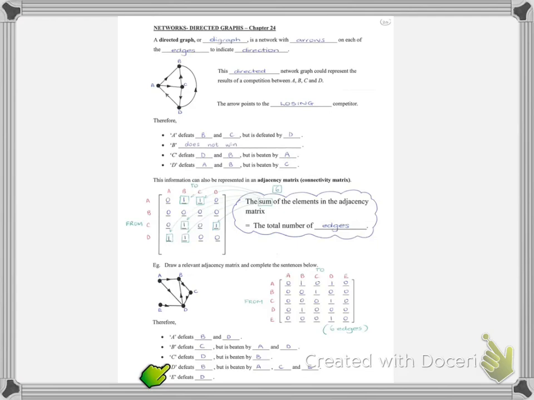D defeats B, and it's beaten by A, C and E. Let's just look at why that one makes sense. D defeats B, so here we go.